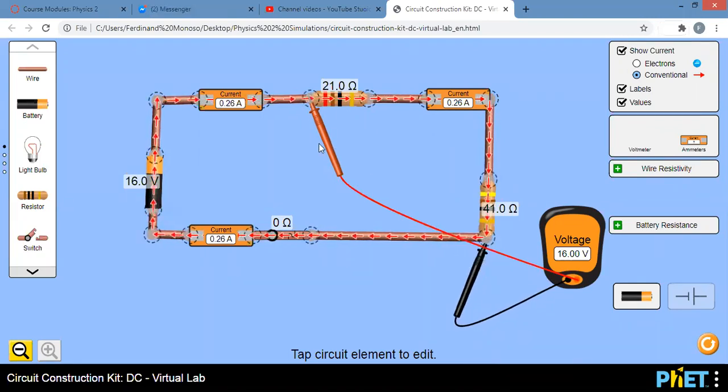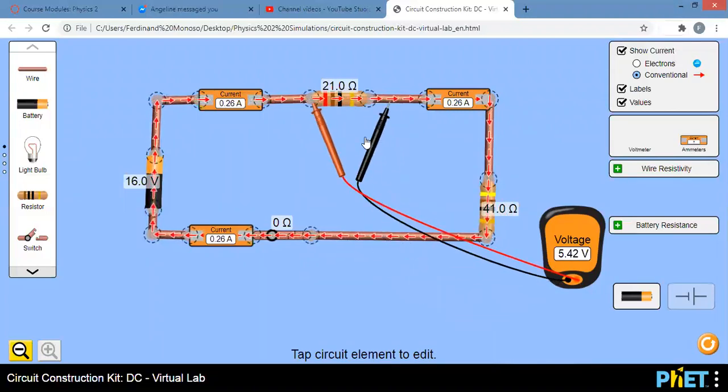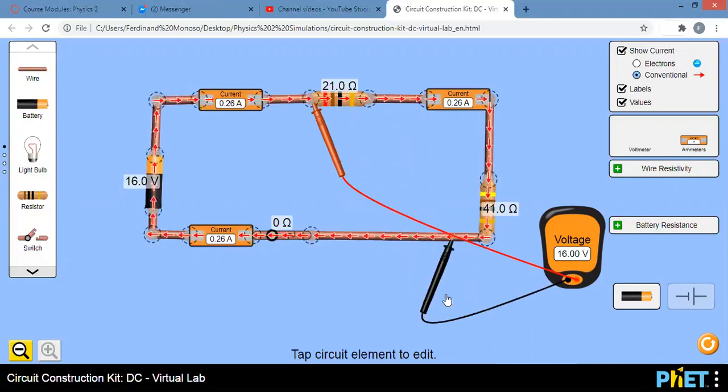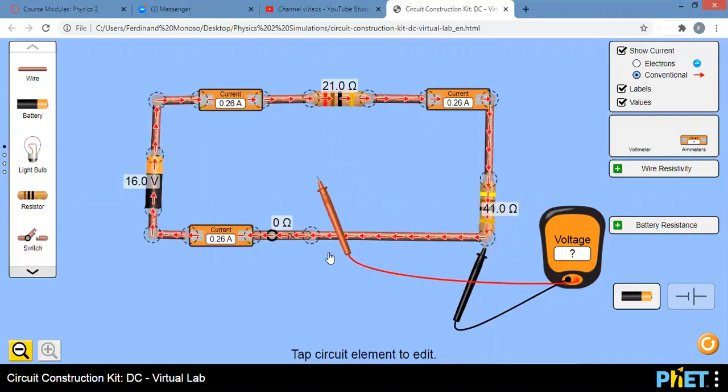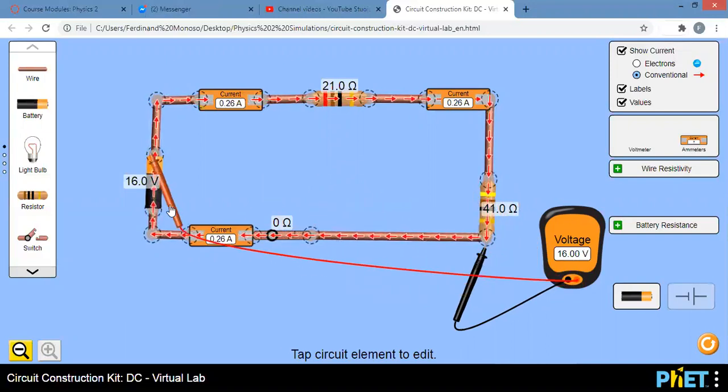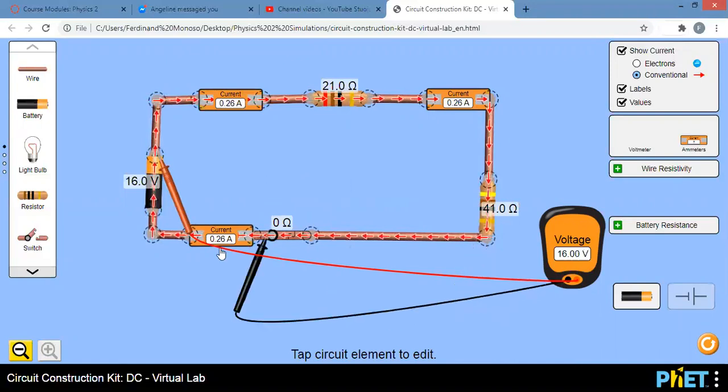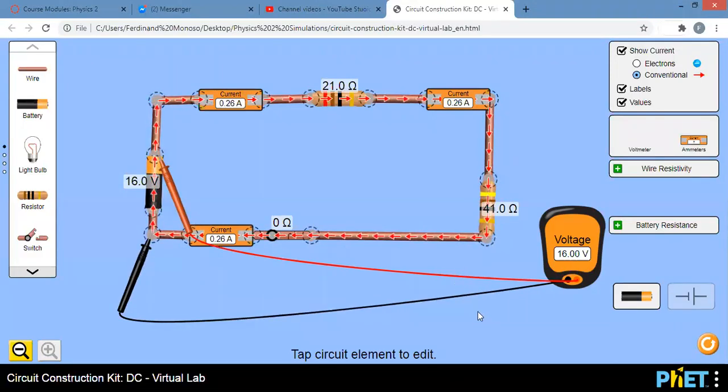Yes, okay, for our V2, 10.58. So V1 is 5.42, and this one is 10.58. And then on the battery side, the supply, it equals 16.